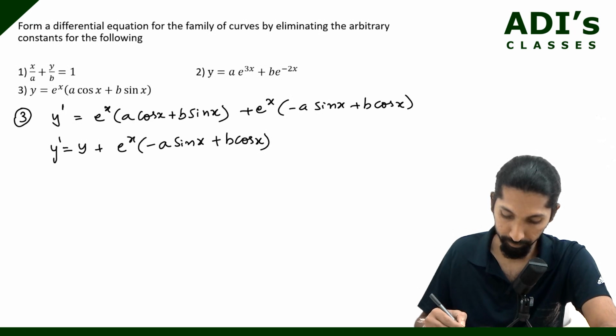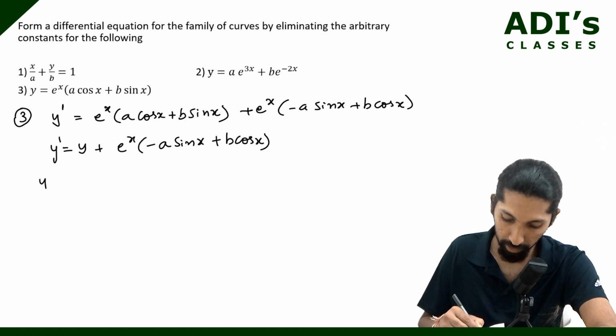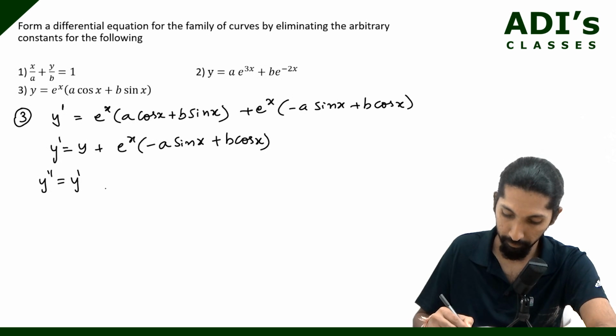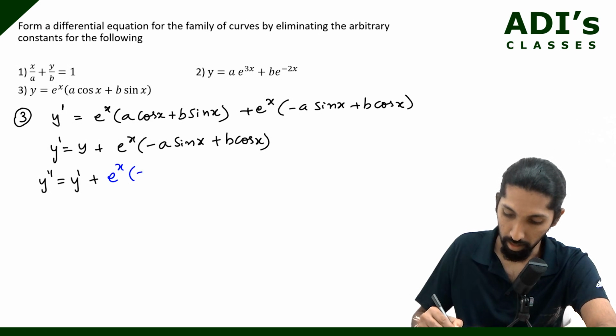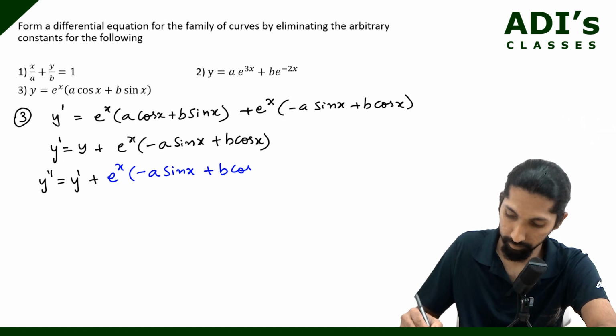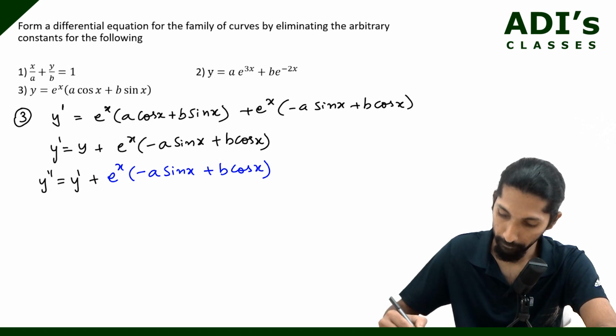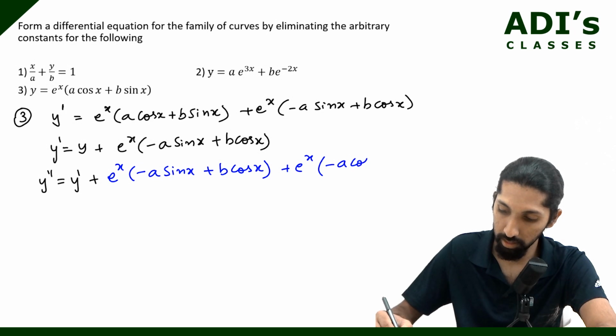Directly you can write it. Differentiate again. Okay, so y double dash is equal to y dash plus e power x. So this is the second part, right? So e power x into minus a sin x plus b cos x, right? Plus e power x into, this is going to be minus a cos x minus b sin x.